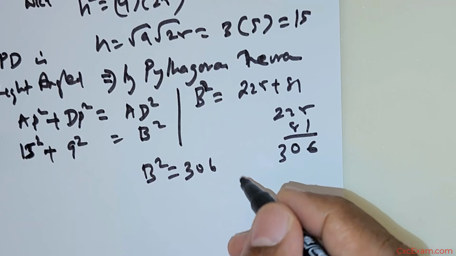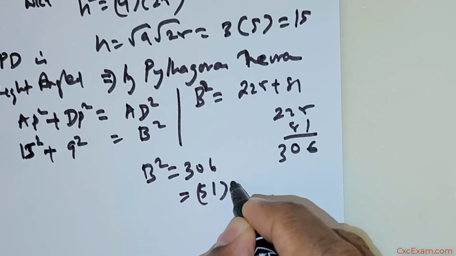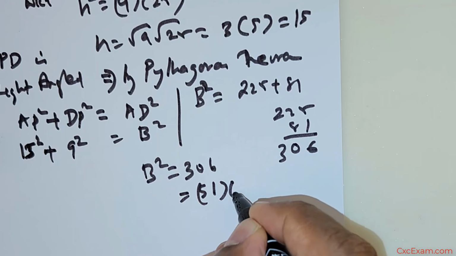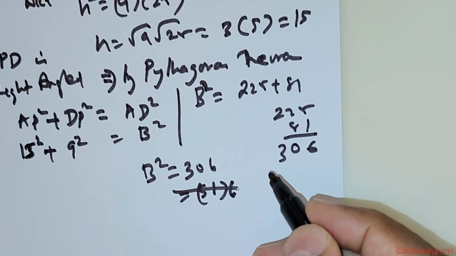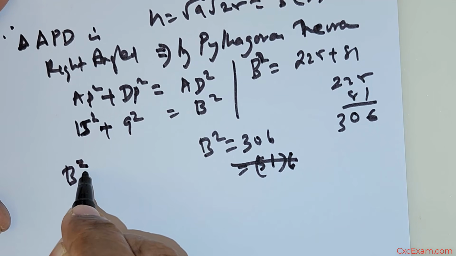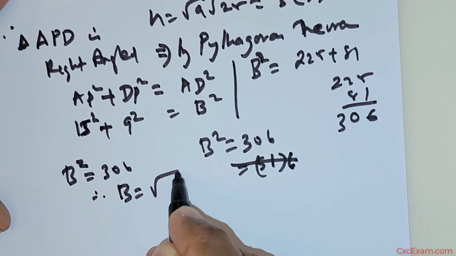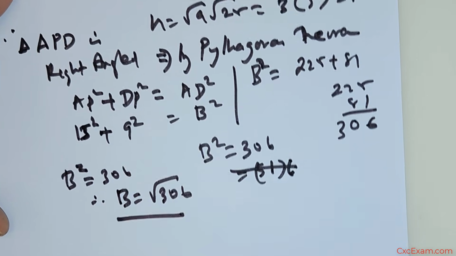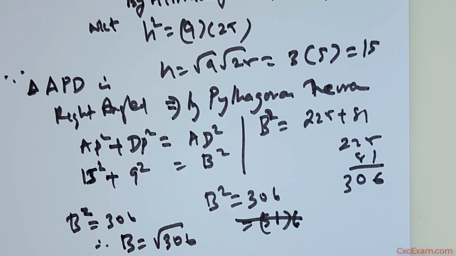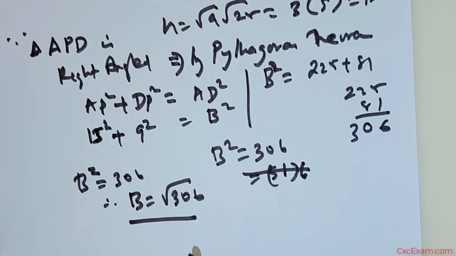It's not a perfect root, so I will just take B squared as 306. Therefore B is equal to root of 306. So that's the breadth. Now we have to get the length.